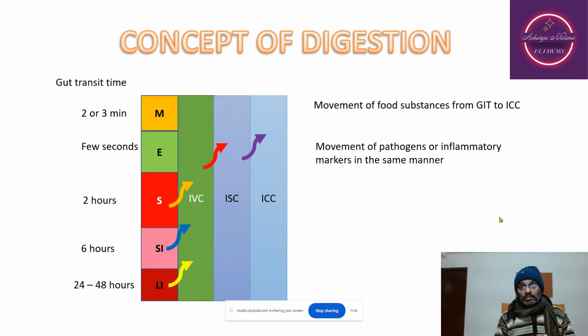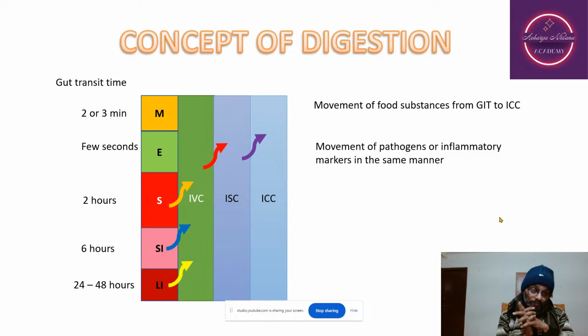In the stomach, food may be stored for about 2 hours, wherein the macromolecules entering through the mouth may be converted into intermediate molecules, and sometimes macromolecules may also be present there. The food may remain in the stomach for almost 2 hours.